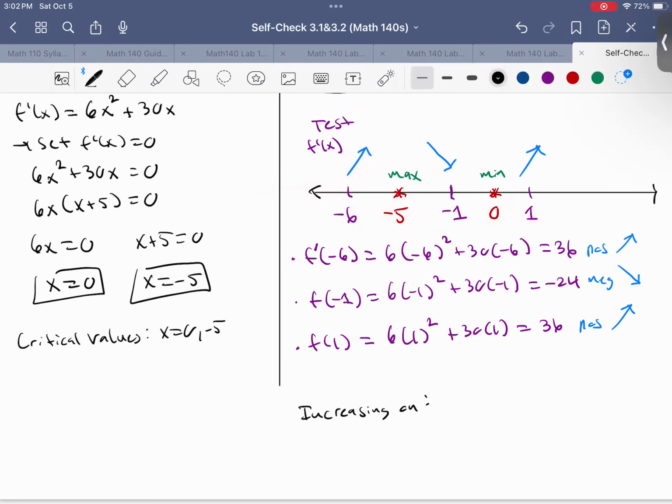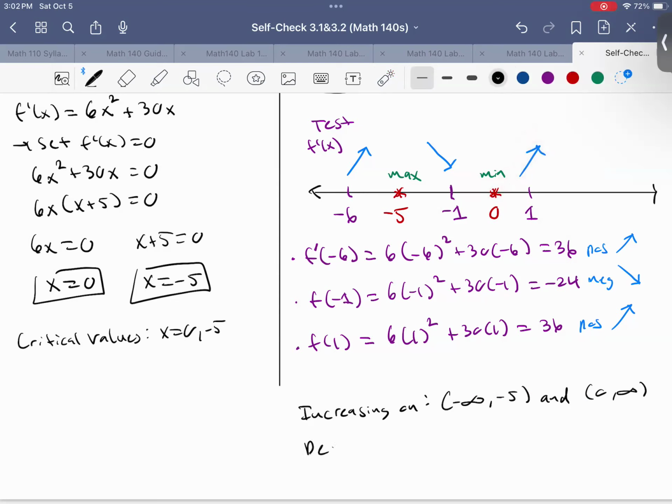So this would just be increasing from negative infinity to -5, and we are also increasing from 0 to infinity.